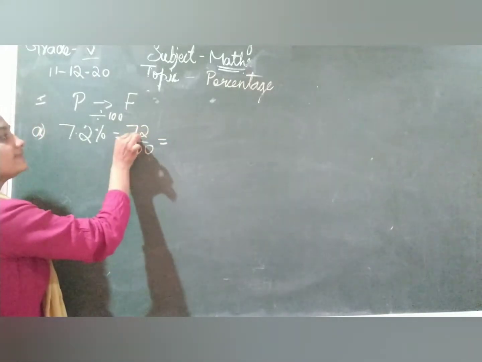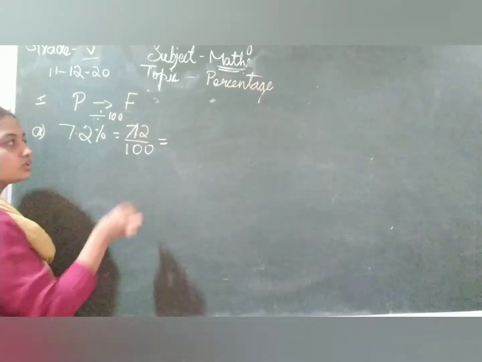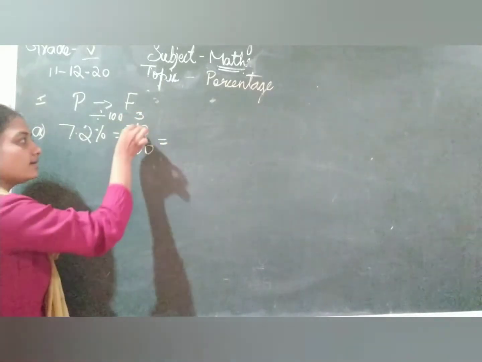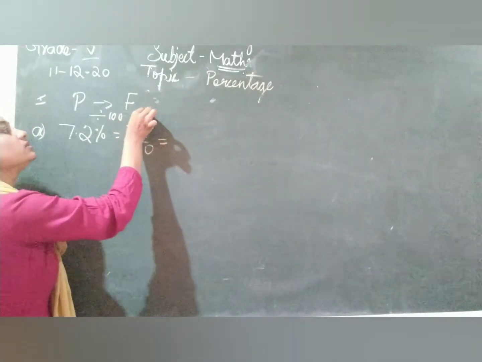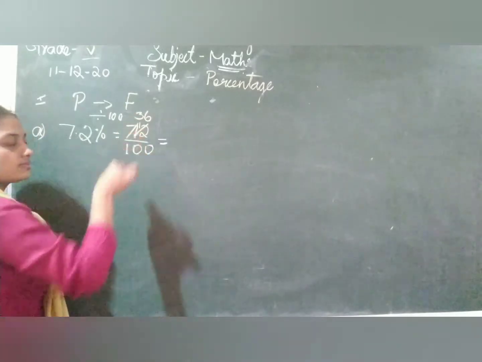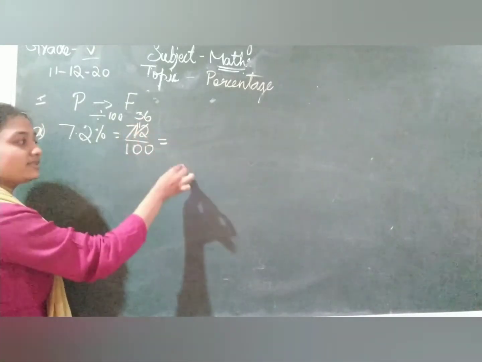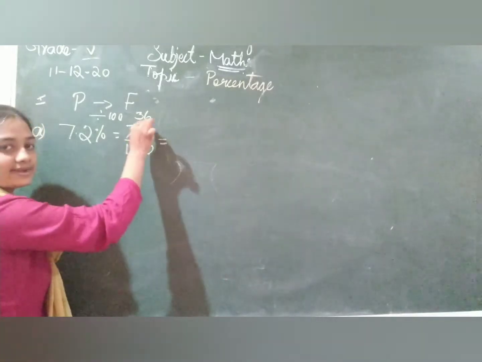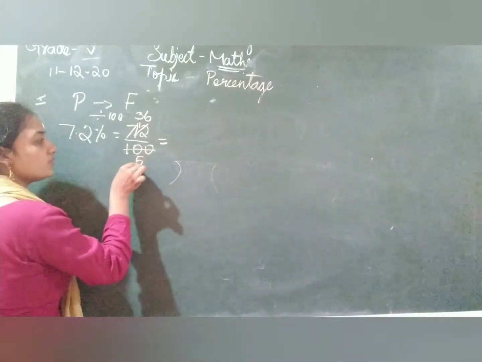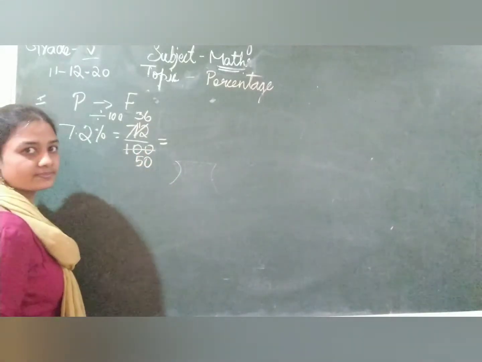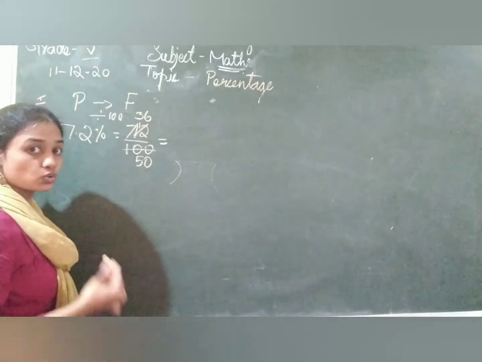That is, divide this by 2. What do you get? 2 3s are 6. 1 carry. So this becomes 12. 2 6s are 12. So 36. Children, if you are not able to divide like this, you can draw the division, divide and write the answer. Okay? This is 50 over 100. Again 36 and 50 can be divided by 2.